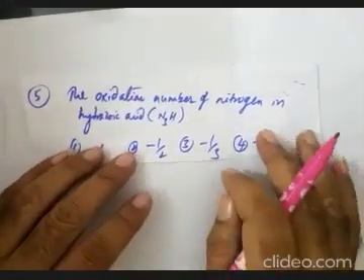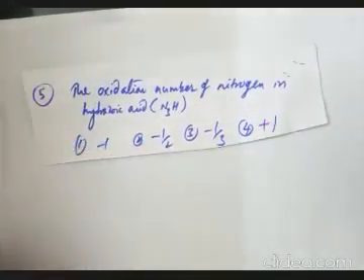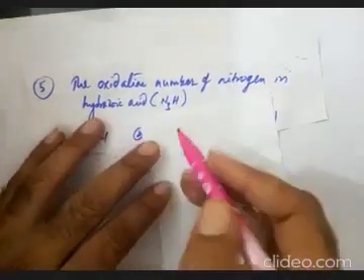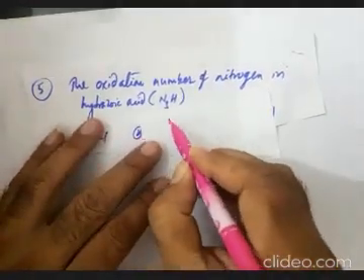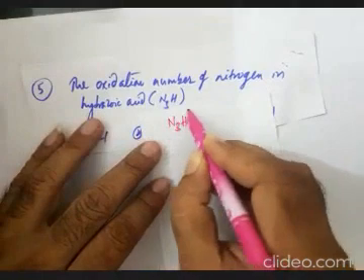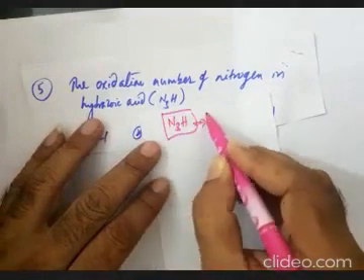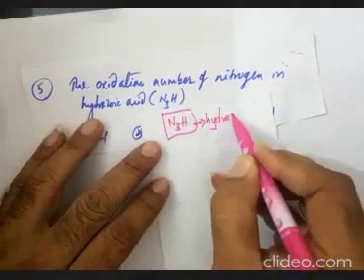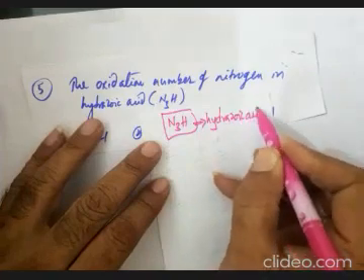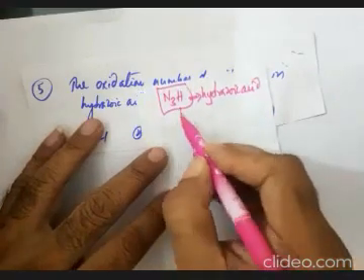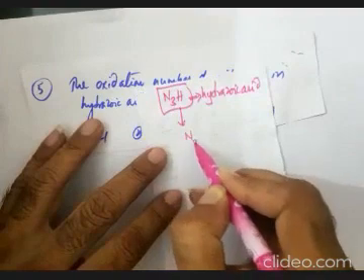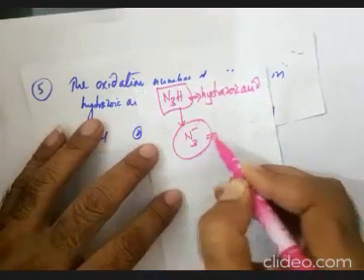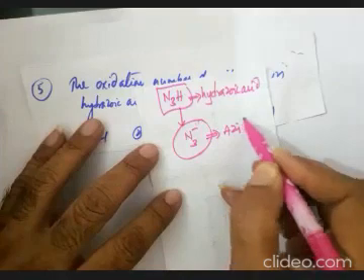Now, this is repeated in competitive examination. Oxidation state of nitrogen in hydrazoic acid. N3H name is hydrazoic acid. You can split N3 minus called as azide ion.